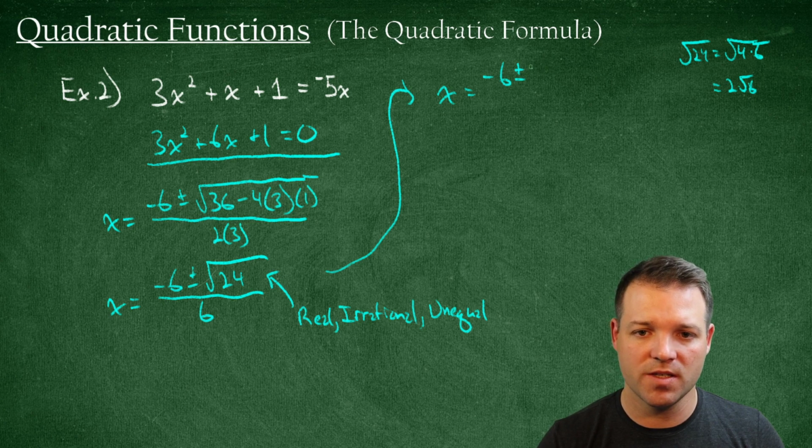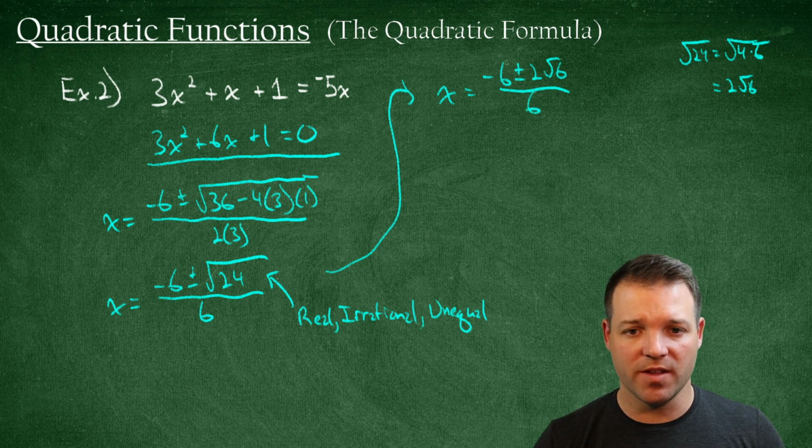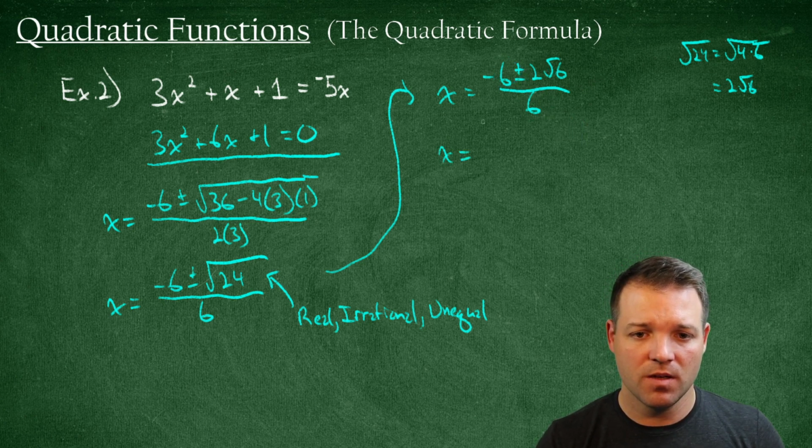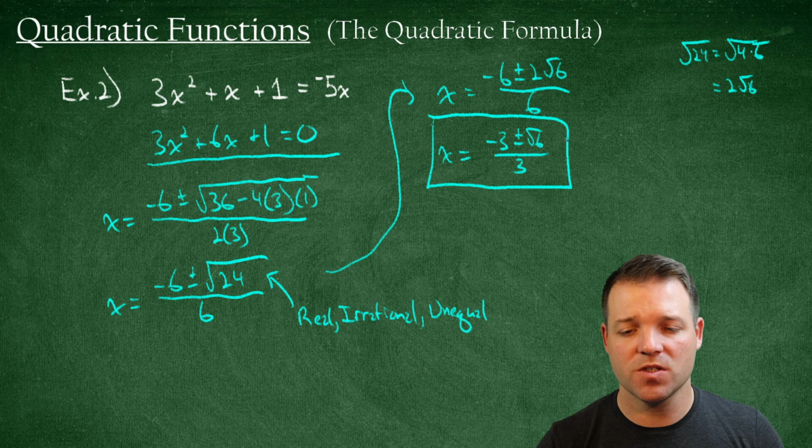So this is negative 6 plus or minus 2 root 6 all over 6. Now I can simplify this because all three of these are divisible by 2. So we will divide everything by 2. x is equal to negative 3 plus or minus the square root of 6 all over 3. And there we go. This is actually the most simplified version, so I'm going to leave it like this.